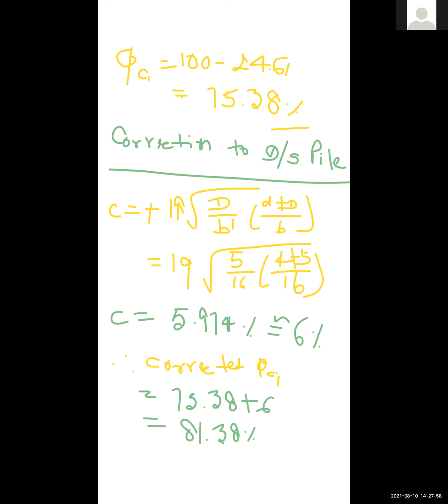Also, we can calculate the hydraulic head. Hydraulic head is H, and this H value equal to 2.5 into 81.38 divided by 100. So how much is this value?